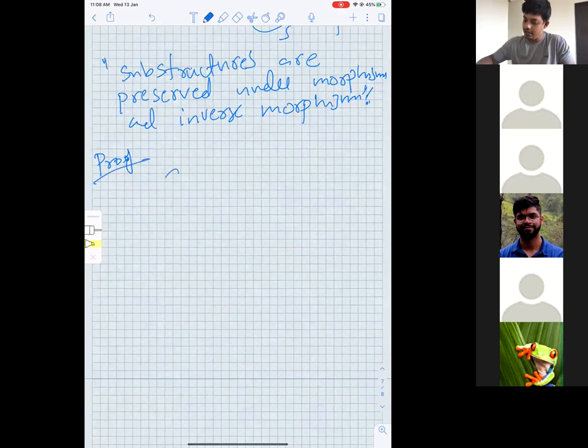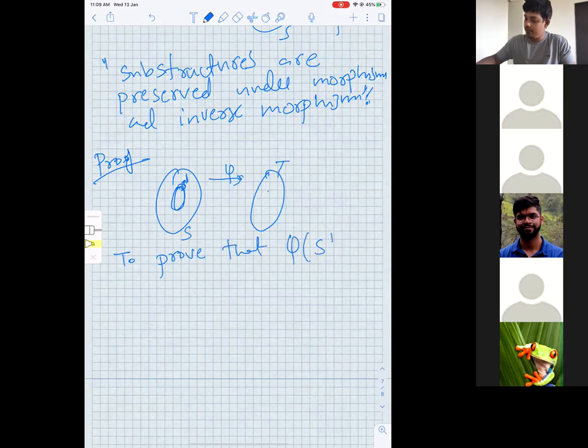So I have S and I have T, and I have S prime here, which is a subsemigroup of S, and I have a morphism phi. Now, to prove that phi of S prime is a subsemigroup, what should I prove?